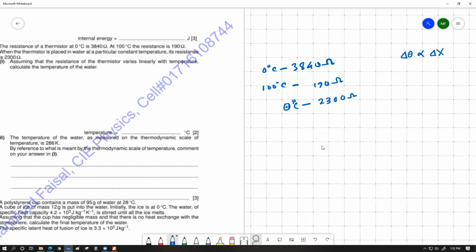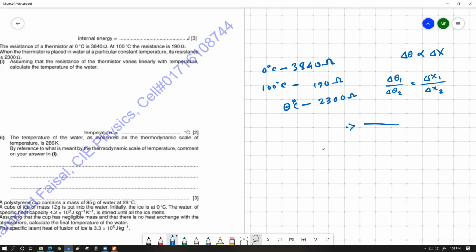So we can write that delta theta is proportional to delta x. So we can write delta theta 1 divided by delta theta 2 should equal delta x1 divided by delta x2. We are just making this into a proportionality equation while getting rid of the constant that might exist over here, which then can be rewritten in a convenient fashion.